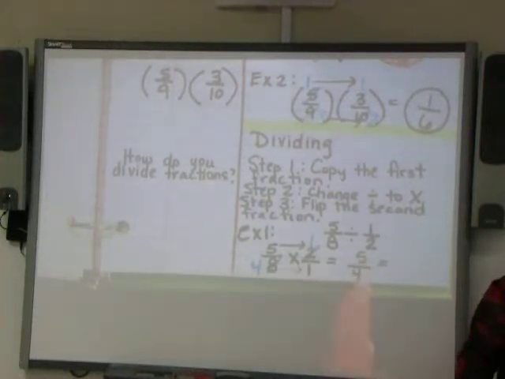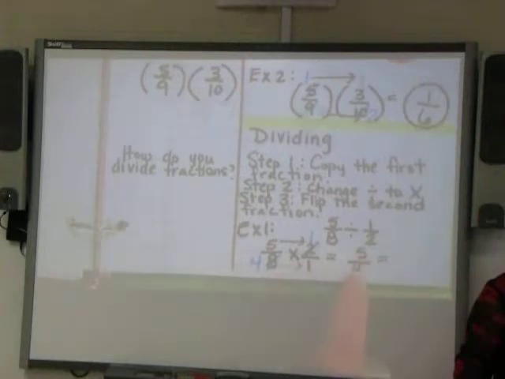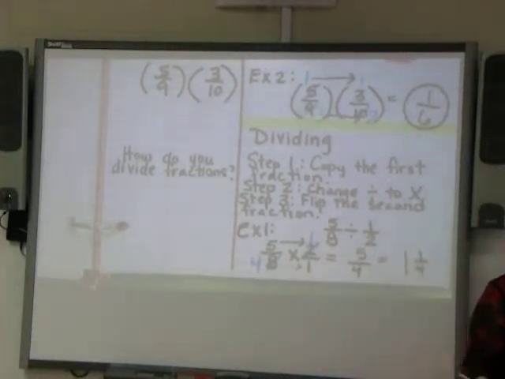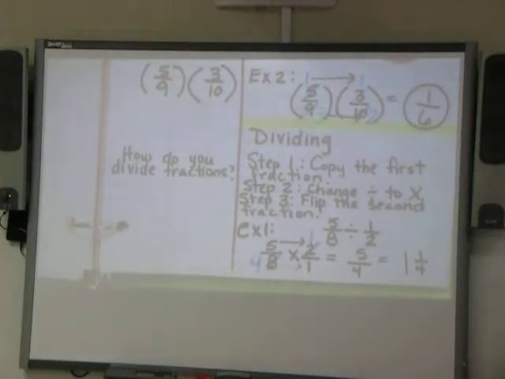Because this is an improper fraction, 4 will go into 5 one time with 1 left over. So we actually have to turn that back into a mixed number to be a proper answer.